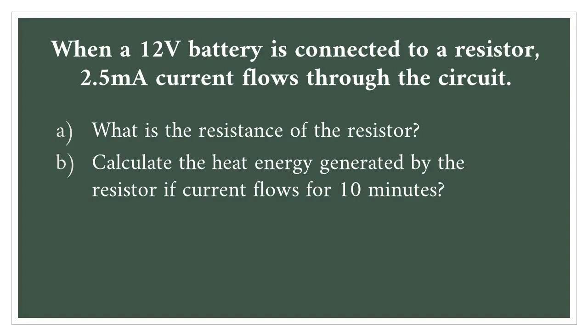When a 12 volt battery is connected to a resistor, 2.5 milliampere current flows through the circuit. If so, what is the resistance of the resistor, and what is the heat energy generated by the resistor if current flows for 10 minutes?